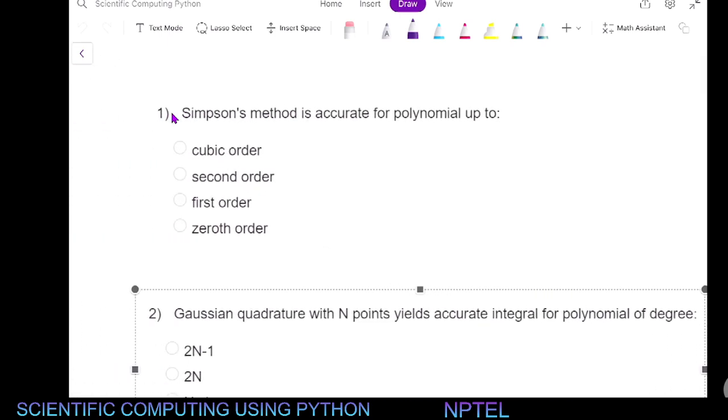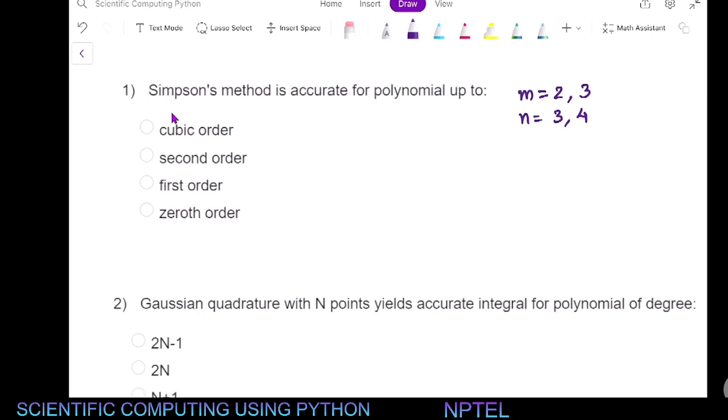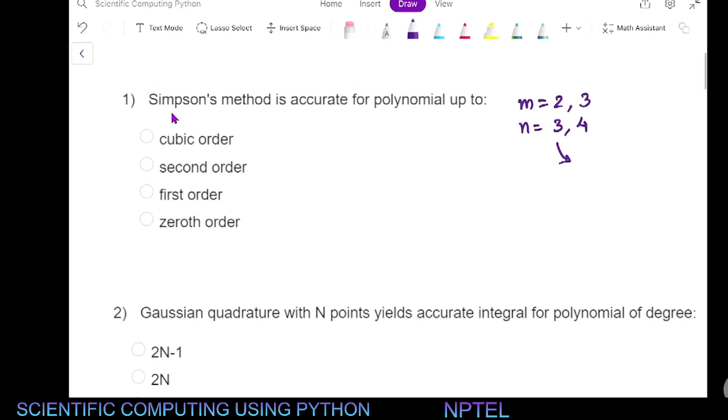All right. So the first question is that Simpson's method is accurate for polynomial up to what degree. We know Simpson's method is for two cases, m is equal to 2 and 3, right? So n is going to be 3 and 4. For n equal to 3, the error estimate goes as the fourth derivative because it is odd.